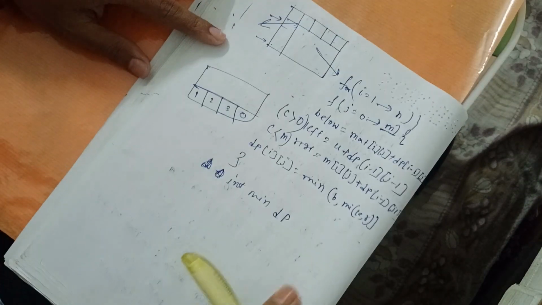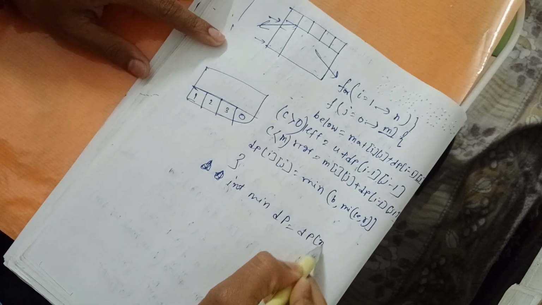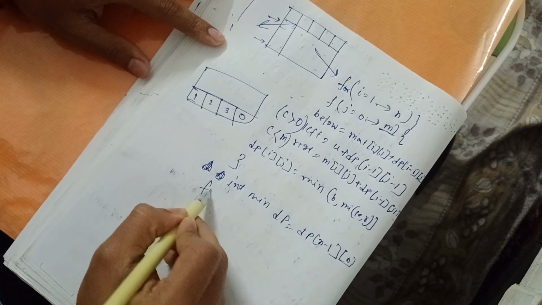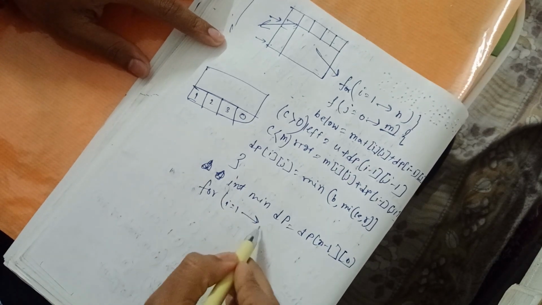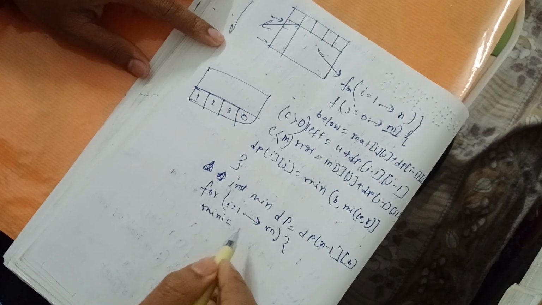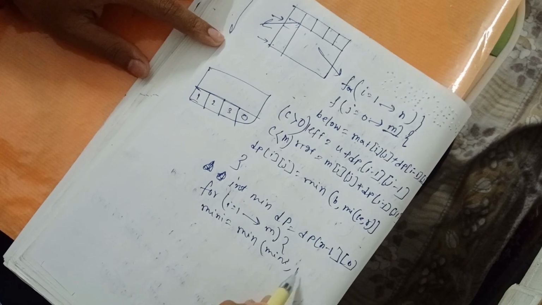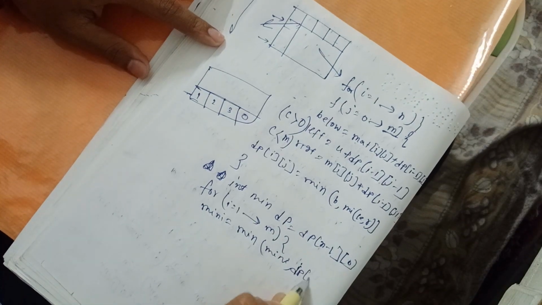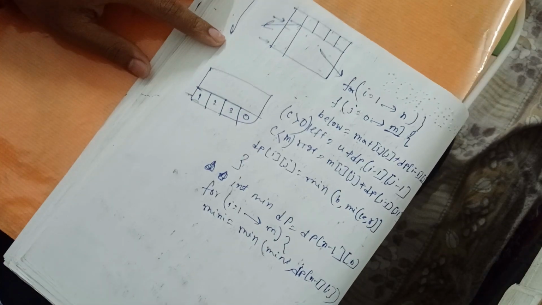So you write that minimum equal to my last value dp of n minus 1, 0. Then a for loop i equal to 1 to the last m column value, and check mini equal to the minimum of my current mini and dp of n minus 1 i value. Check which gives the minimum. This is your answer, mini.